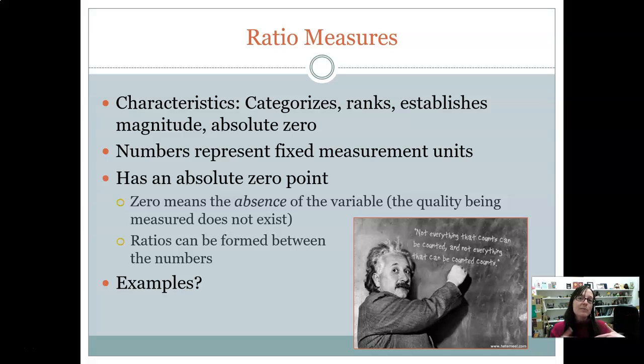You are counting the number of crimes, so that is a ratio measure. And you can say there were twice as many murders this year as last year, or maybe half as many would be better. You can make those comparisons because 0 means there is none of that thing. So that's why I've got this Albert Einstein quote here: not everything that counts can be counted, not everything that can be counted counts. Count measures, anything where you're counting people, charges, victims, crimes, anything where you're counting something, is by definition a ratio measure.